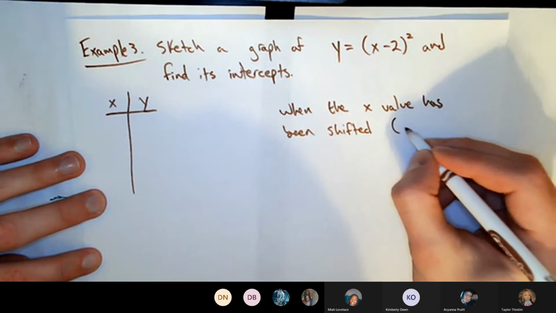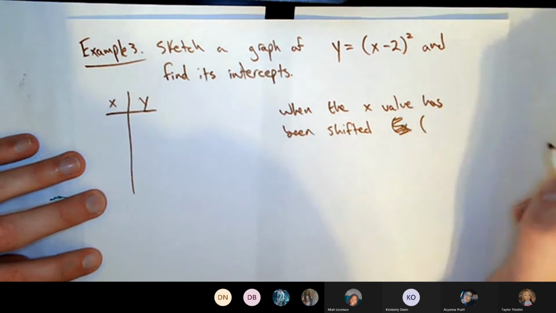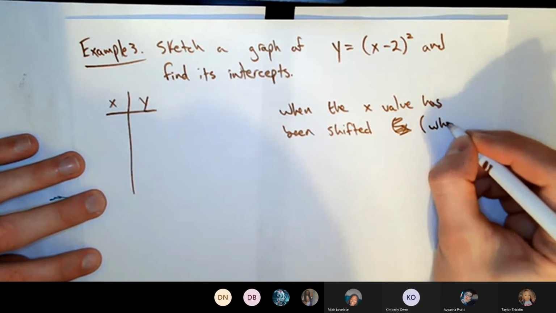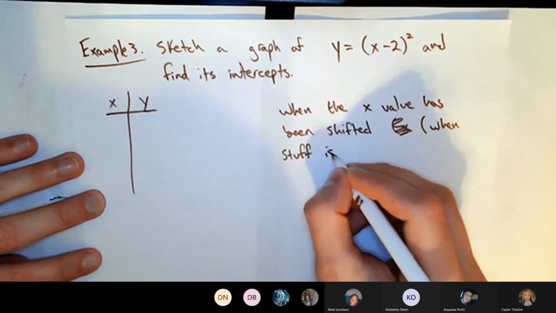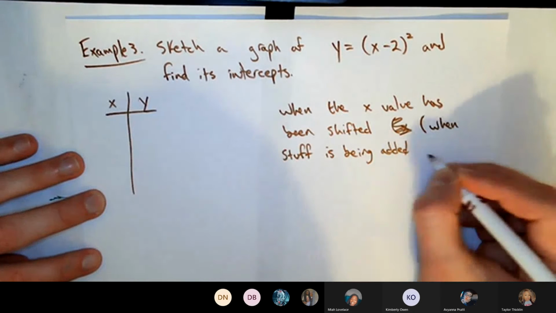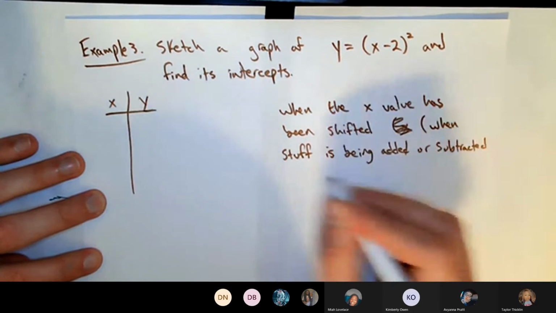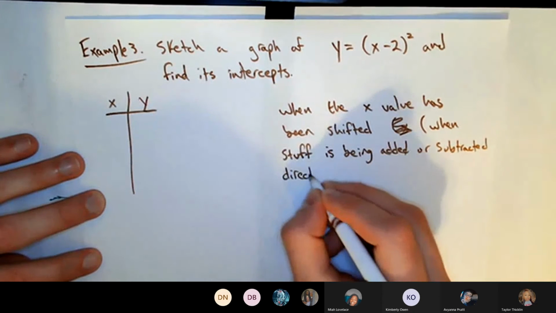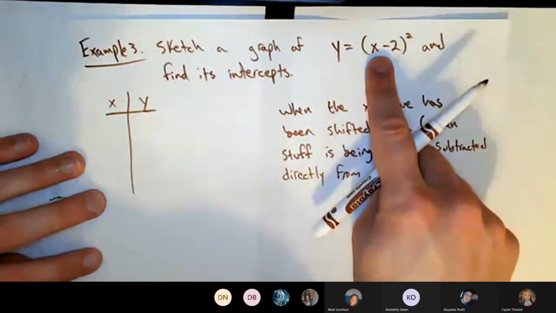When is the x value being shifted? When stuff is being added or subtracted directly from x. So the minus 2 is inside the parentheses with the x.